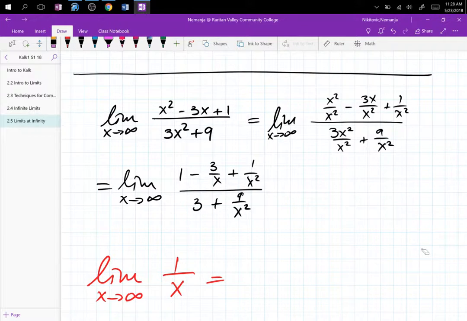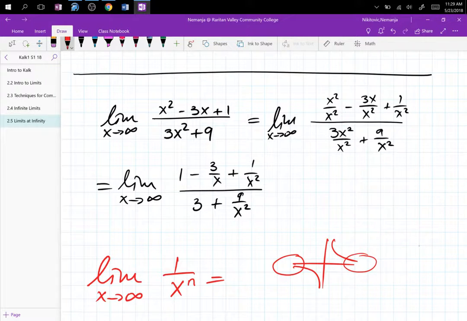You can start with x to the first power, so just 1 over x, and then the second and the third and the fourth, and they all give you the same answer. What is the answer? 0. Because if you draw 1 over x, you see that this side goes to 0, this side goes to 0, whether you put positive or negative infinity.